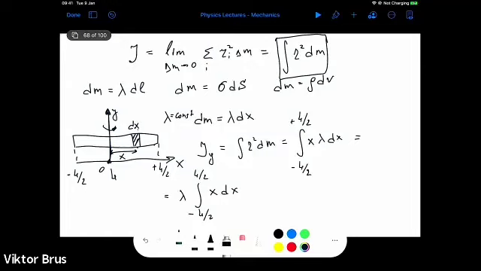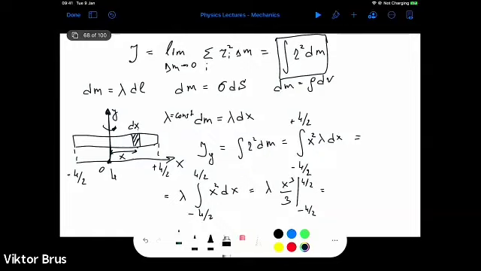I forgot to put the second power here. So it should be distance squared, not just distance. And this will be lambda x cubed divided by 3 from minus L divided by 2 to L divided by 2.